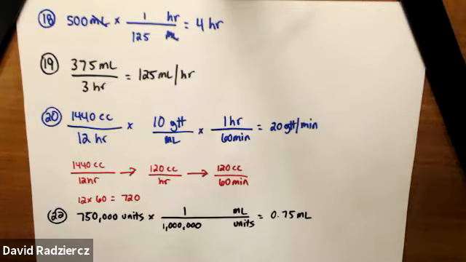So for 23, you can do ordered over have. Just do it twice and add up the milliliters that you get, and that's your answer. I'll go through that in just a second. And then 24 and 25 are just giving you some extra work. 25 is very similar to the question about the amoxicillin, where you have to convert micrograms to milligrams or milligrams to micrograms first, and then you can solve that problem.